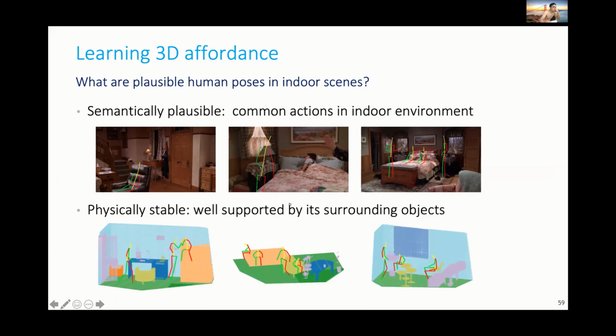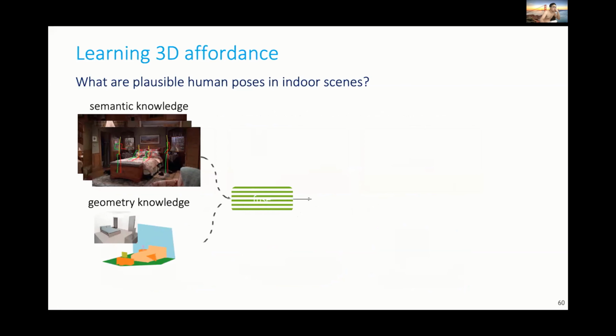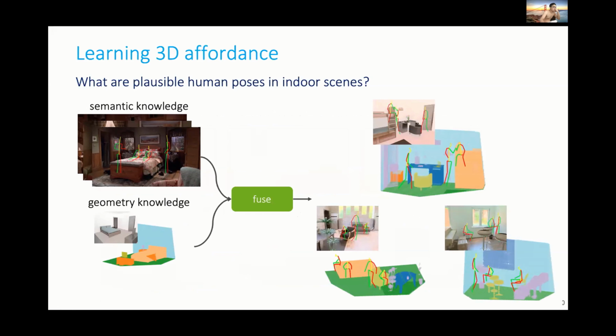Instead, we want humans sitting on, say, a sofa or a bed, and standing in some area without any furniture. So from one 2D image, we have to incorporate both semantic knowledge and 3D geometry knowledge. We need to use both so that we can synthesize humans in these scenes realistically.